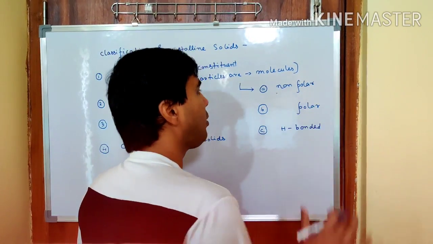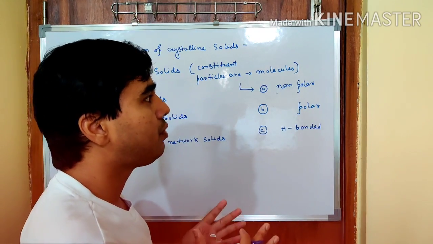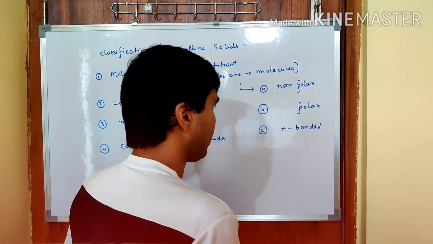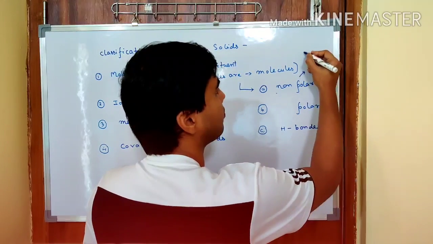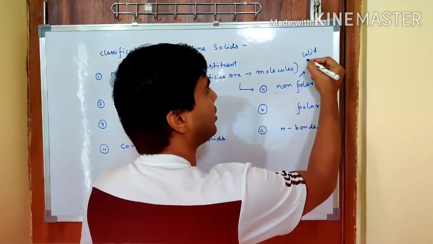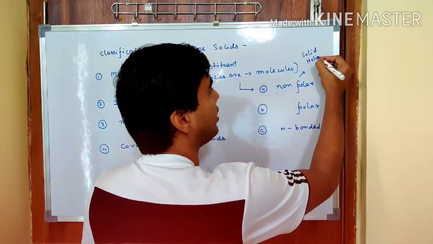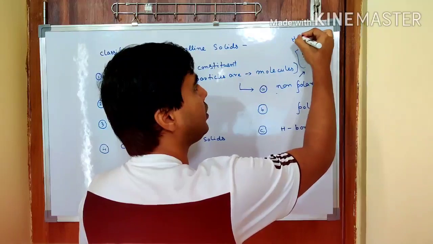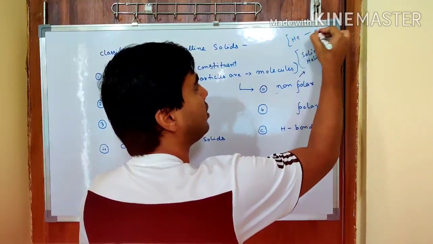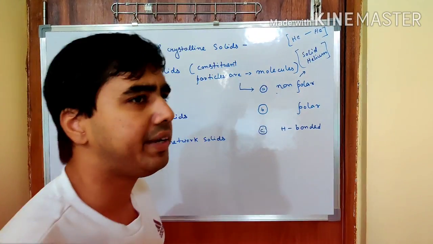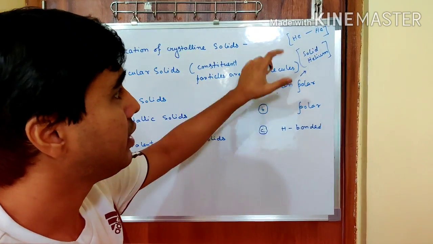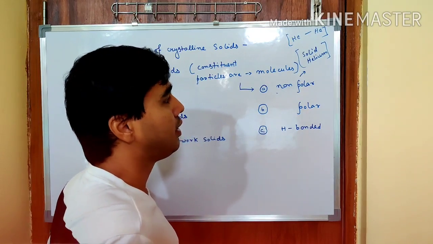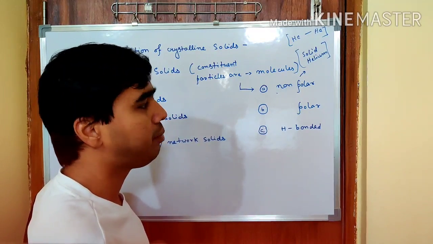So non-polar means the constituent molecules will be non-polar in nature. Say for an example, if we take solid helium. As we know, between two helium molecules there is no polarity. If they form a solid, it will be solid helium, which is having non-polar nature, meaning there is no polarity between them.